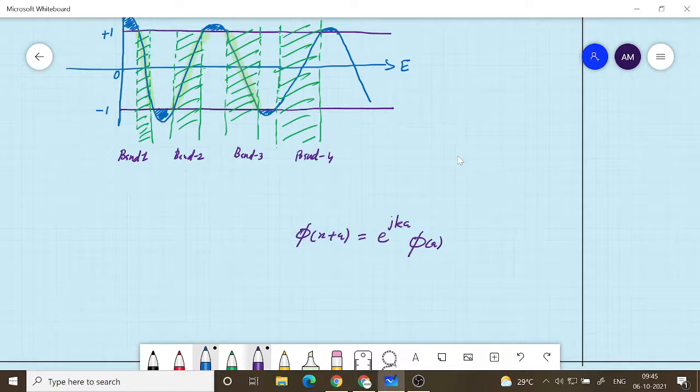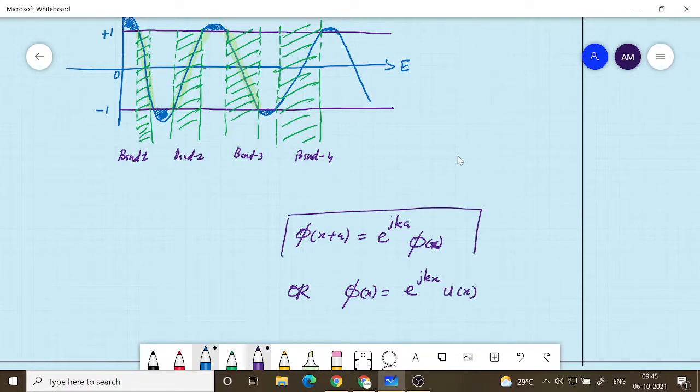So this is one way of writing the Bloch function, or alternately we can write phi of x is equal to e raised to i k x into u of x. So these are two equivalent things.